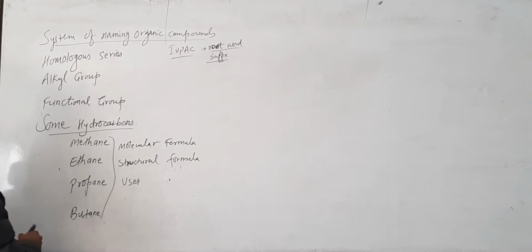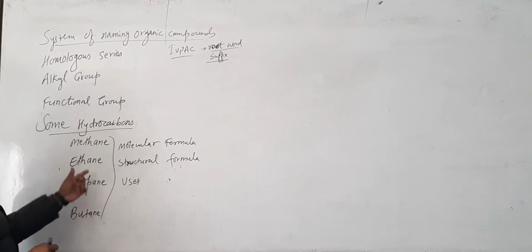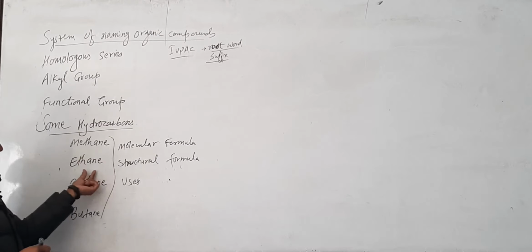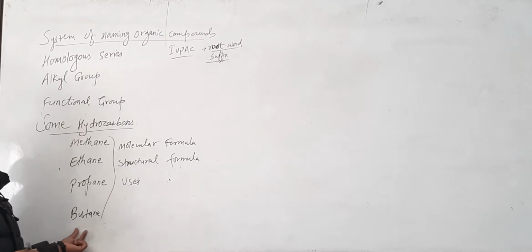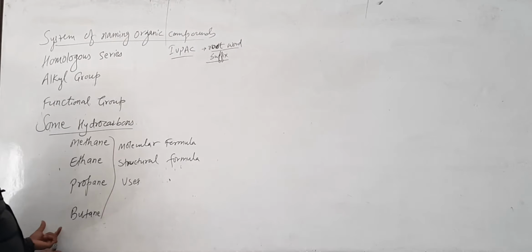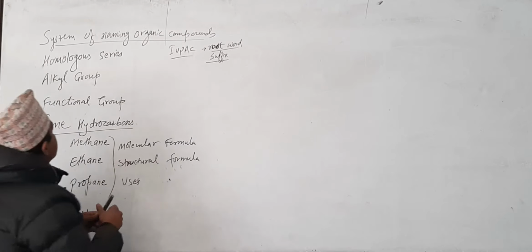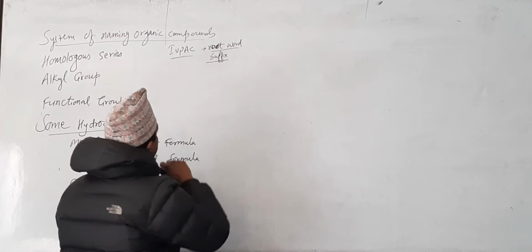Especially we are discussing some alkanes: methane, ethane, propane and butane. Why not we start from the first one, system of naming organic compounds.